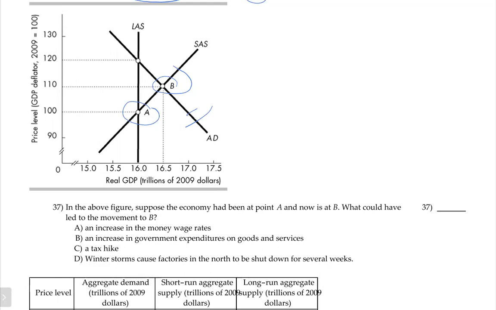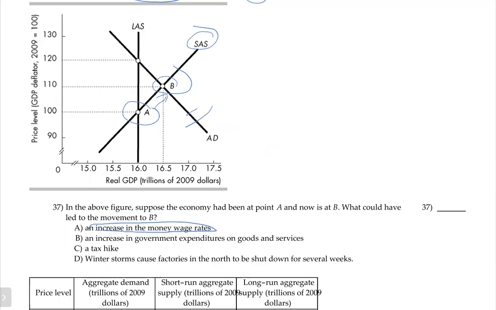But of course, we can think about what kind of supply shock is going to lead to a movement to here. Now let's go one by one. A, an increase in money wage. If there was an increase in the money wage, that's going to move the aggregate supply to the left-hand side, so this is not possible for moving from A to B.